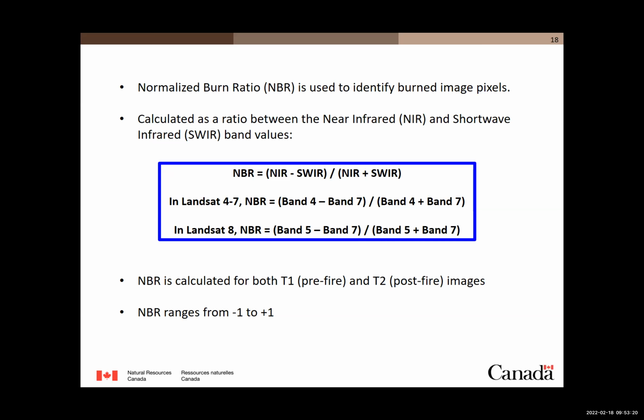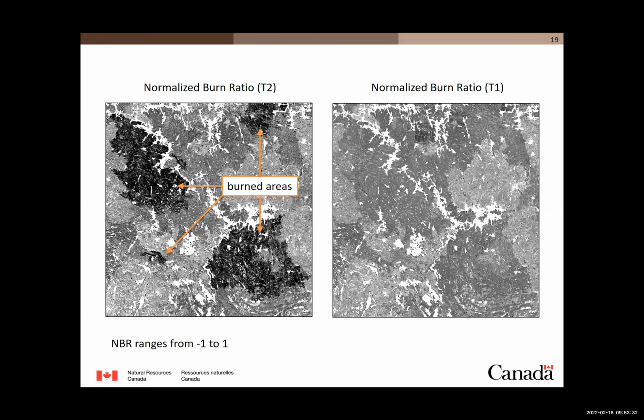For the shortwave, it's band 7 for all the satellites. We also compute the normalized burn ratio for both our pre and post fire images. Now the output of the normalized burn ratio, or NBR, looks like this on a post-fire image, which we call T2, and then our pre-fire image that we call T1.